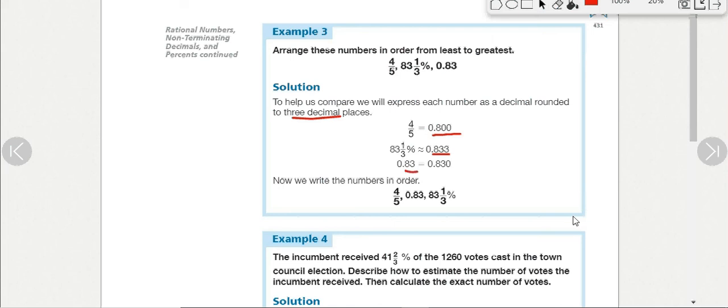And this ends at hundredth, so this is a 0. So that means this is the biggest. That's first place. Second place. Third place. Least to greatest means this one will come first, then this, right?